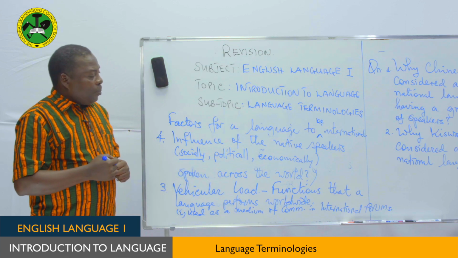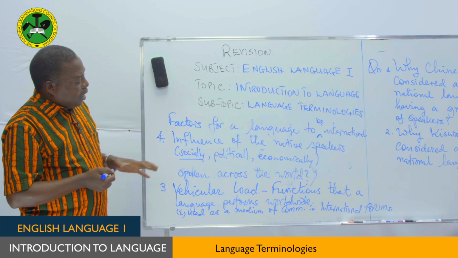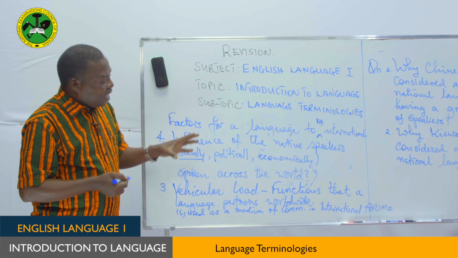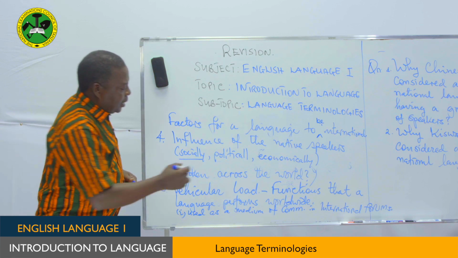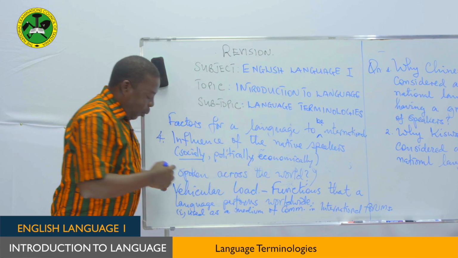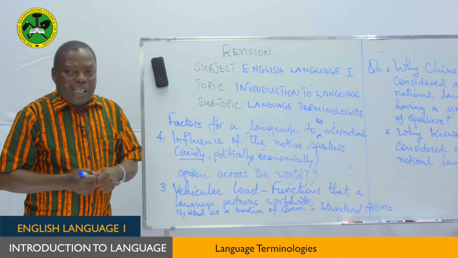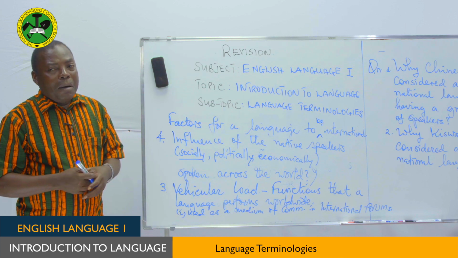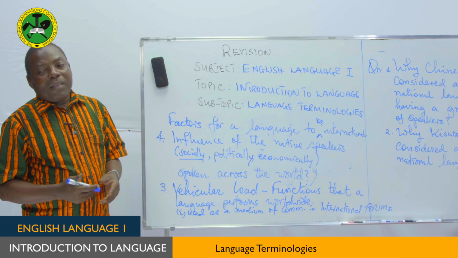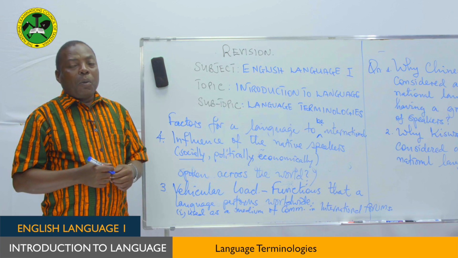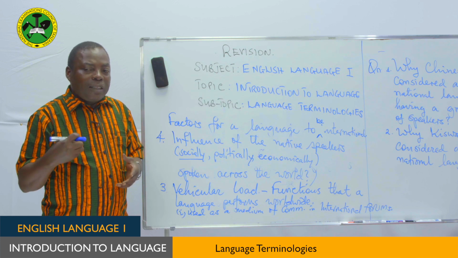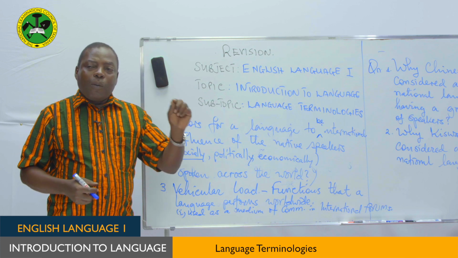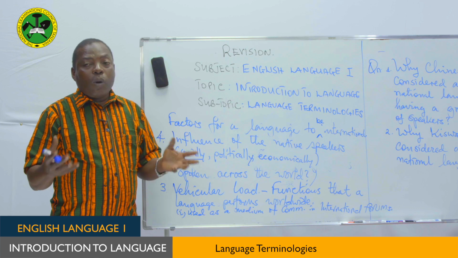The native speakers can be socially influential, that their well-being as they live in the world, some other people might admire them. So admiring the way they live could attract them even to think about the language they use. They would also want to use it.